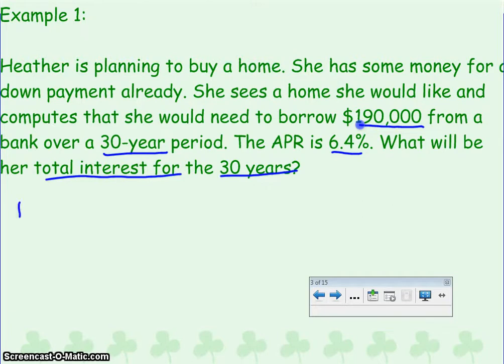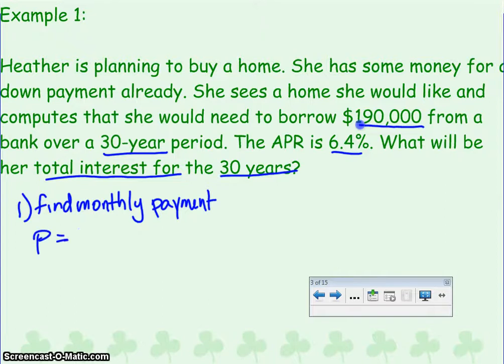So step 1, we need to find the monthly payment. And in order to find the monthly payment, we need 3 bits of information. We need the principal, which is the $190,000. We need the rate as a decimal, so it's going to be 0.064. And we need the time, which is going to be 30 years.